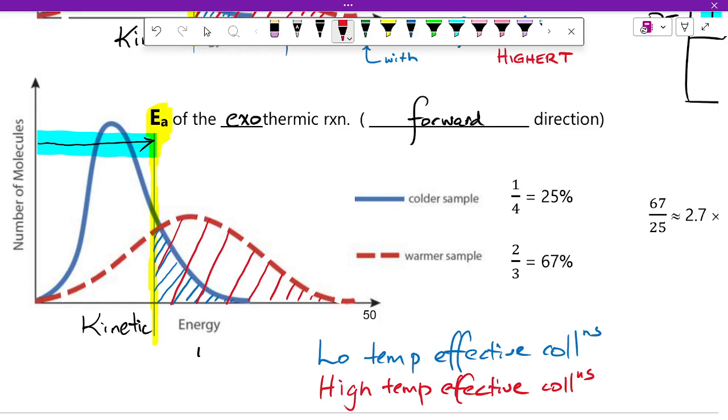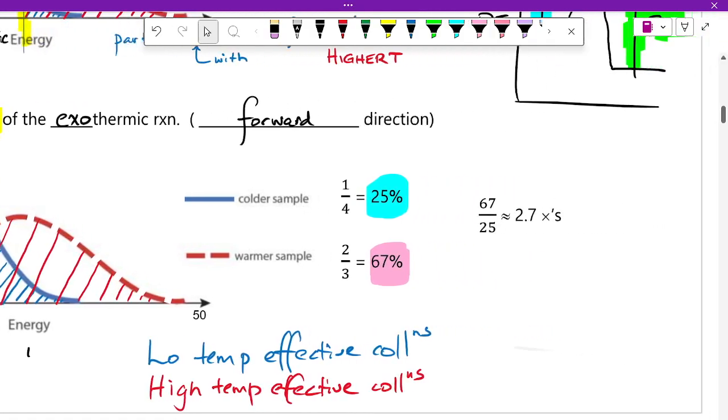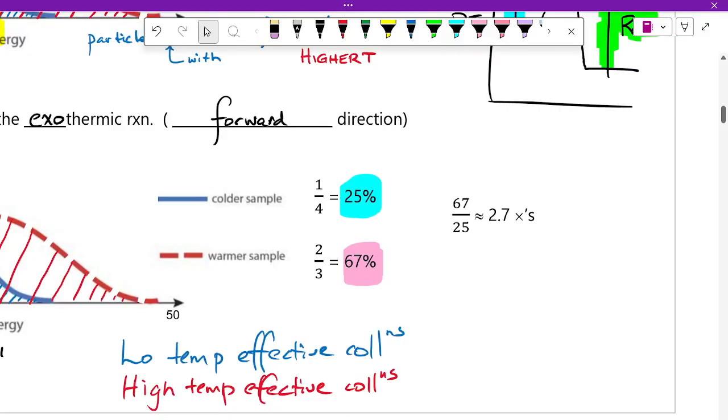So we've gone from the blue one, which had approximately 25% of the area under the curve effective, and the red one looks to be about 2/3 effective. So how many times did this go up? Well, 67 divided by 25 is 2.7 times.